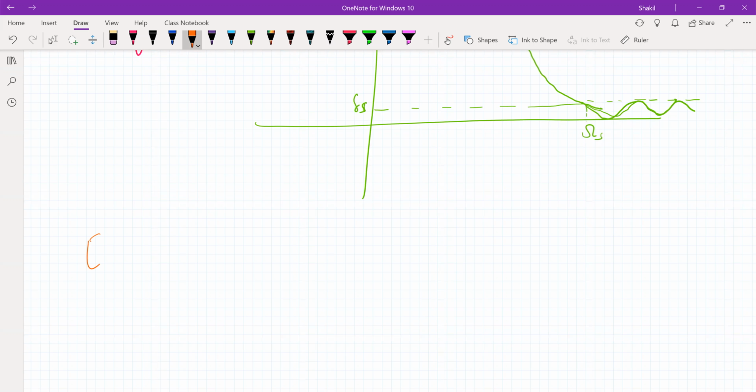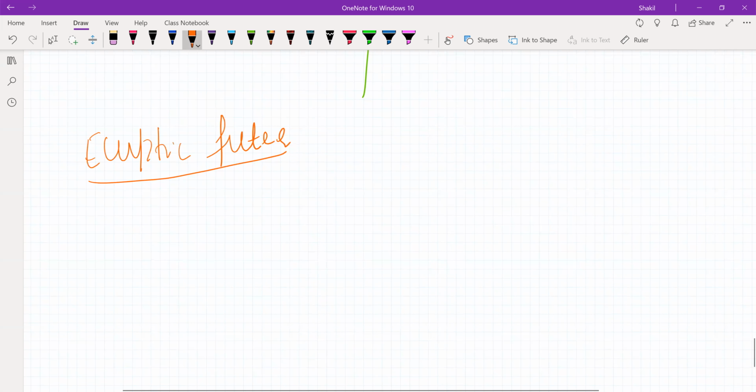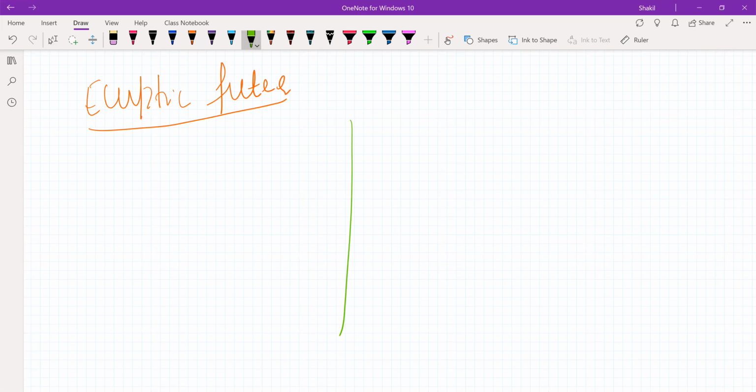So this is Chebyshev type 2. The next type is elliptic filters. This filter allows the ripples to be present in both the pass band as well as the stop band.